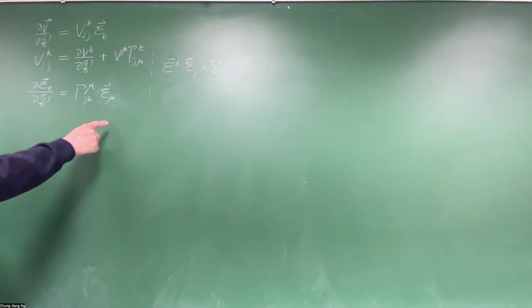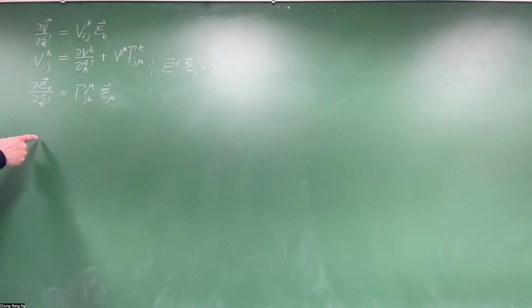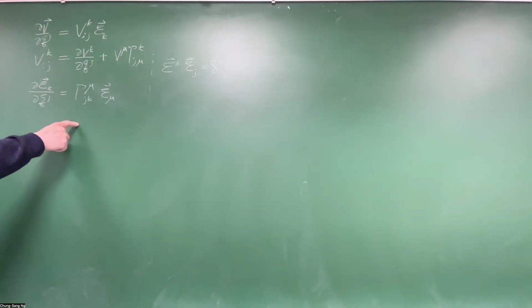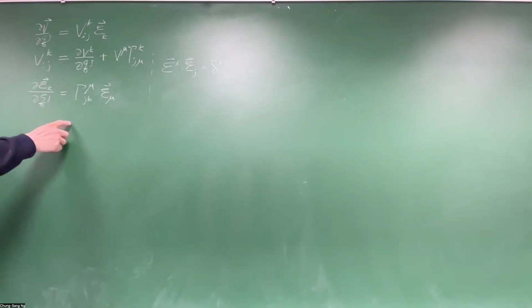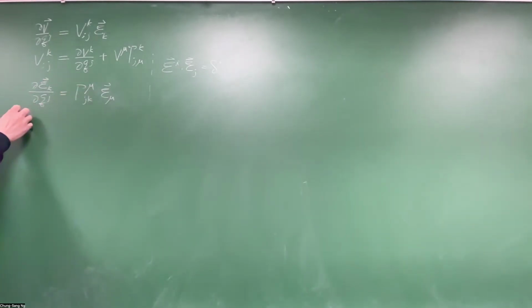In this case, we want to dot into a contravariant basis. For example, we already have j and k, and we have a sum over mu.